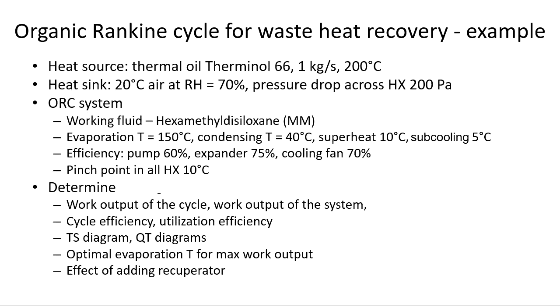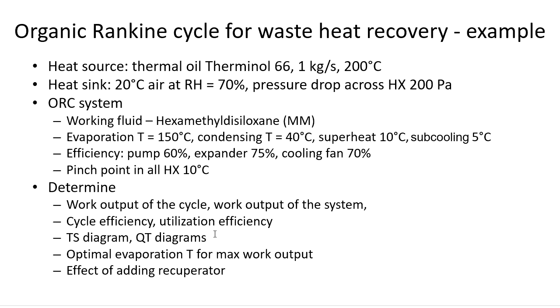And our task is to get not just the efficiency of the cycle, but also the so-called utilization efficiency, which will be related to the work output of the entire system, and we will relate it with respect to the work output of the cycle only.